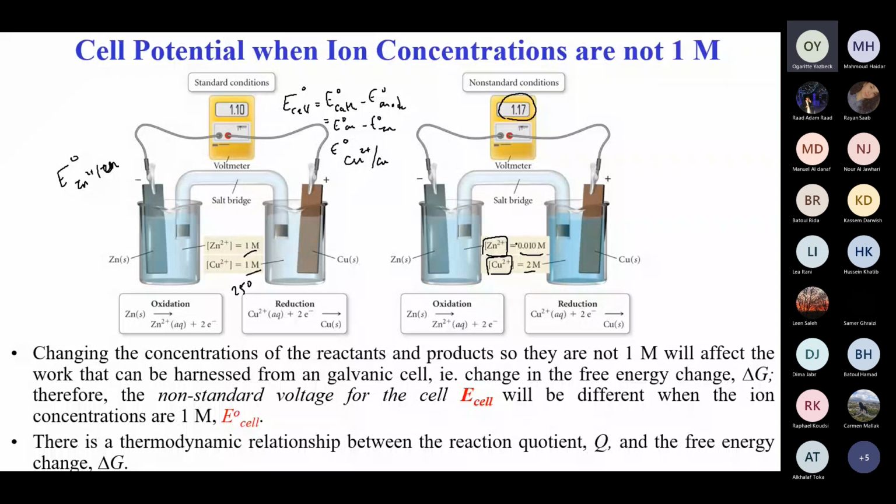Here, am I allowed to do the same thing, use E naught copper and E naught zinc, and get the E of the cell? The idea is no, I cannot use the E naught values. I have to correct the E naught values of each and then get the E of the cell from the new corrected values.